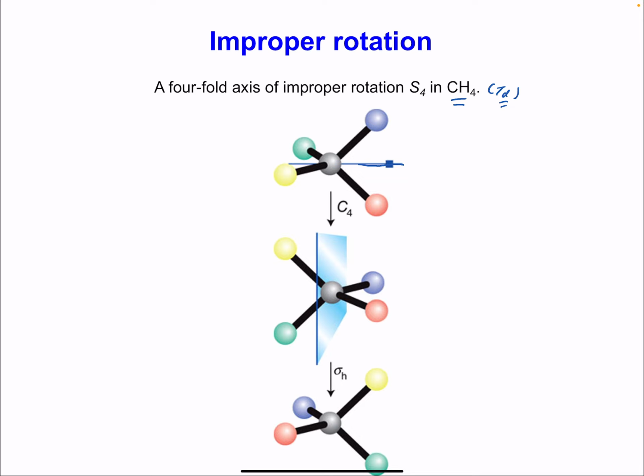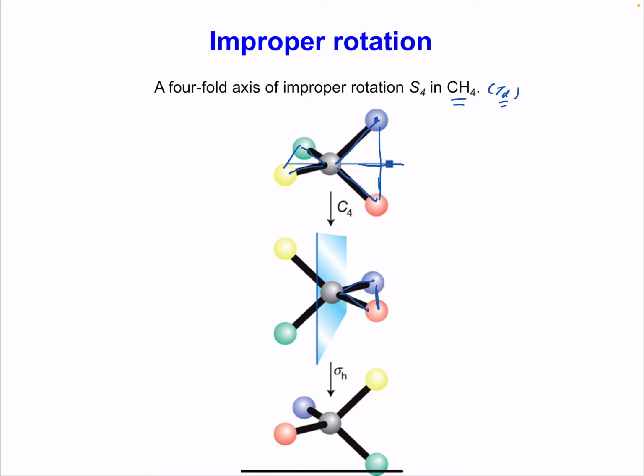if you rotate this molecule along this blue C4 axis, what happens is this blue atom will move to the plane perpendicular to the screen. If you treat these 3 atoms as a plane, right now this plane is in the screen.